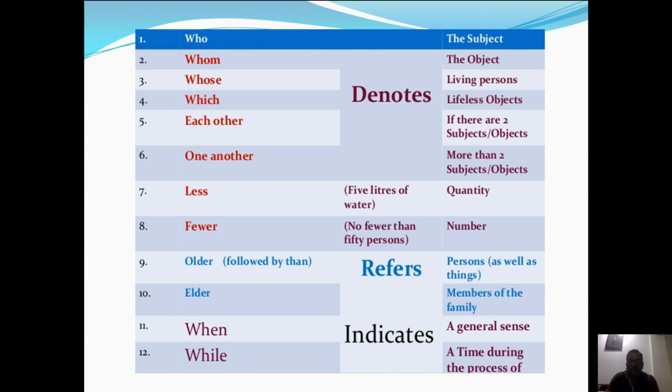In this slide, we will learn about what each word denotes, refers to, and indicates. Who, the subject; whom, the object; whose, living person; which, lifeless objects; each other, if there are two subjects or objects; one another, more than two subjects or objects; less, as in 5 liters of water, quantity; fewer, no fewer than 50 persons; older, followed by than, refers to person as well as things; elder, members of the family; when indicates a general sense, while indicates a time during the process of.